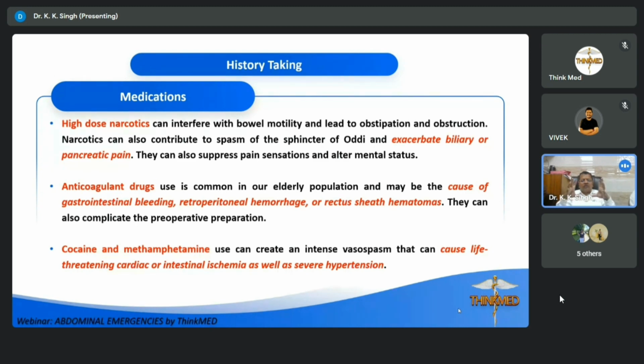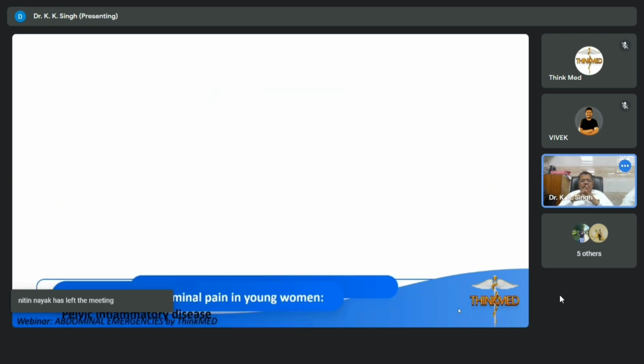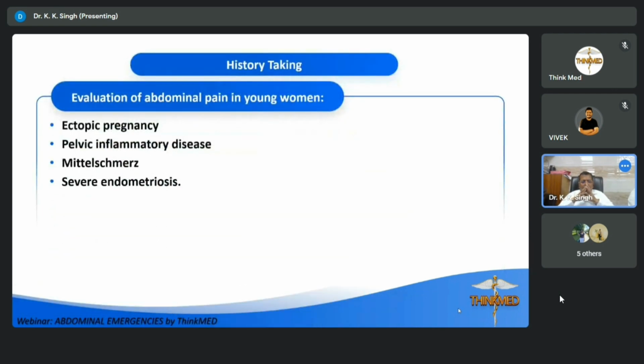These can cause cardiac or intestinal ischemia, but with this, severe hypertension will be associated. If you have a young lady in her menstrual age, you have to also rule out ectopic pregnancy, pelvic inflammatory disease, and severe endometriosis.